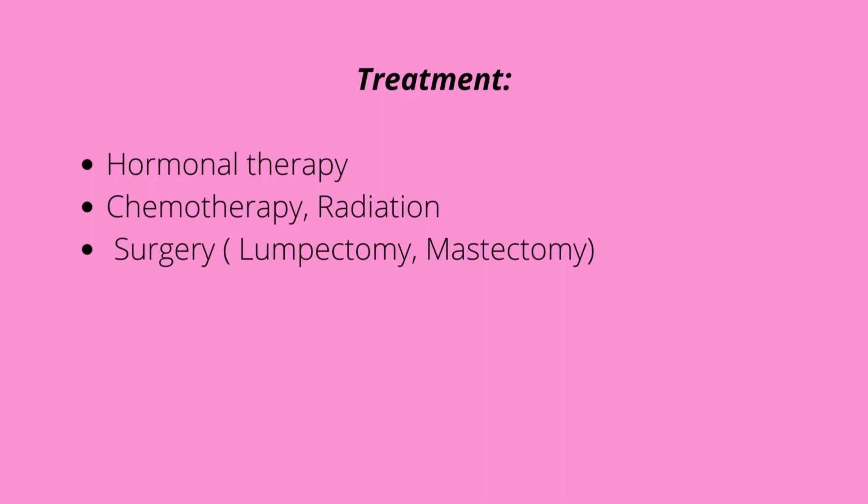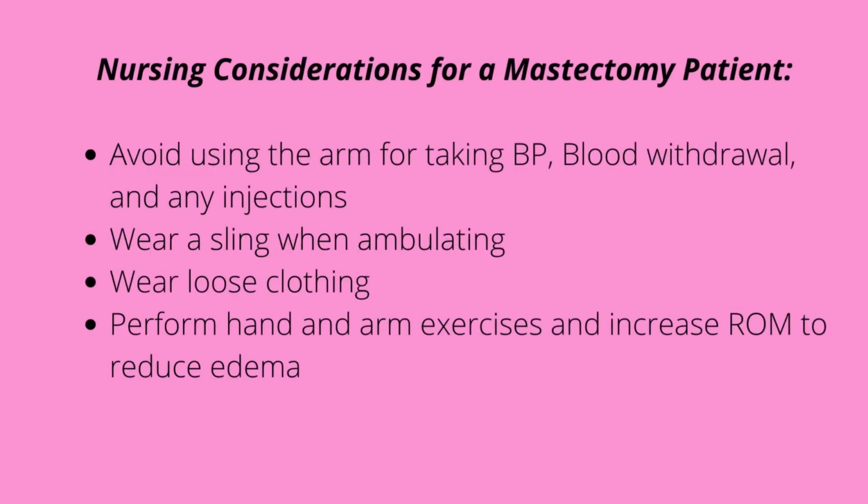And what do we need to know about a mastectomy patient? As a nurse, there are certain precautions that you should have for a patient who has undergone a mastectomy. And what is a mastectomy? They'll go and remove the breast tissue. Depending on the site it's been removed, we normally avoid using that arm for blood pressures, blood draws, or any kind of injection.